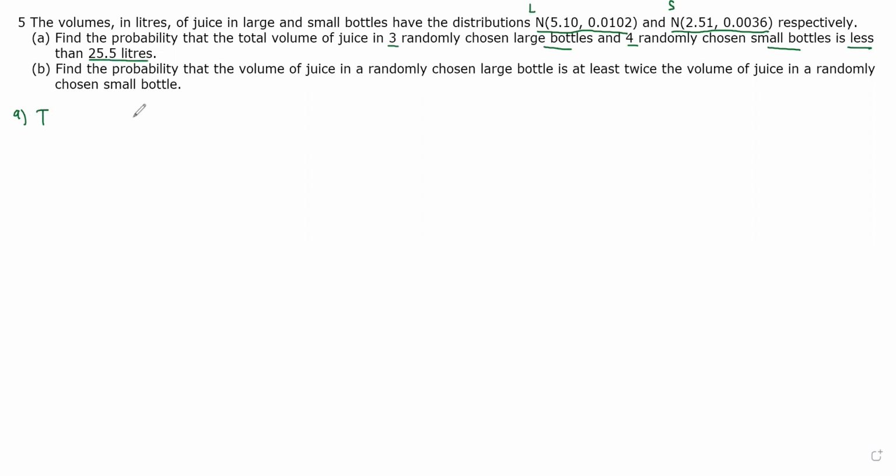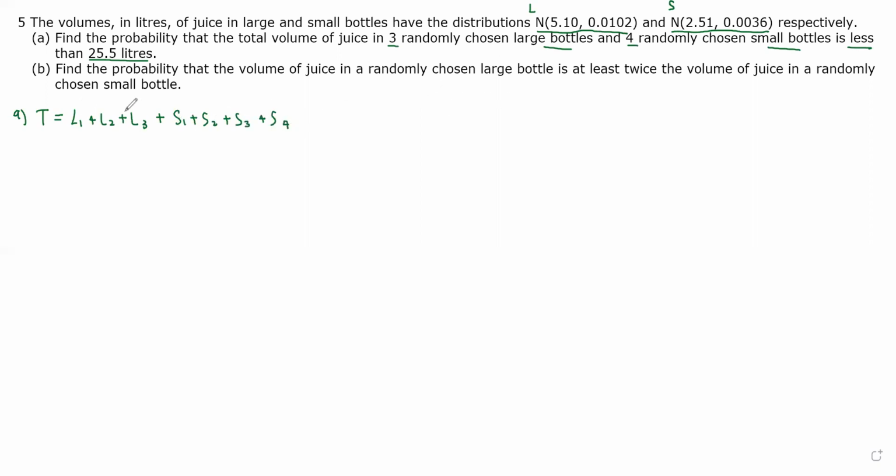Let's say T denotes the total volume of juice. So T here is given by the sum of 3 large bottles, L1, L2, and L3, and also 4 small bottles, S1, S2, S3, and S4.